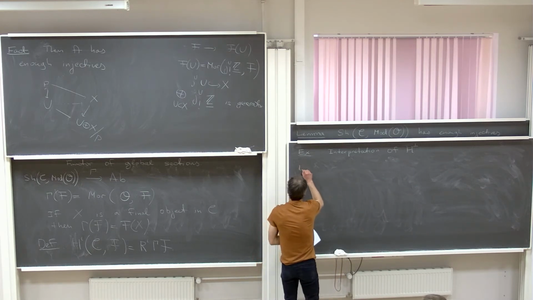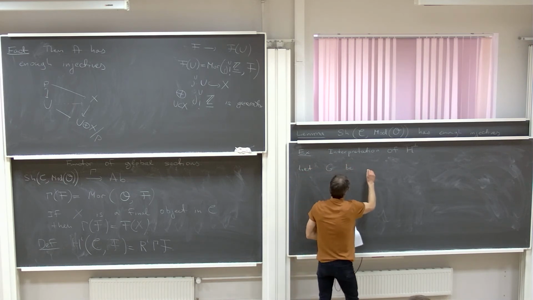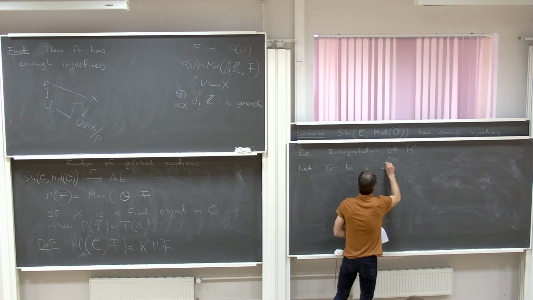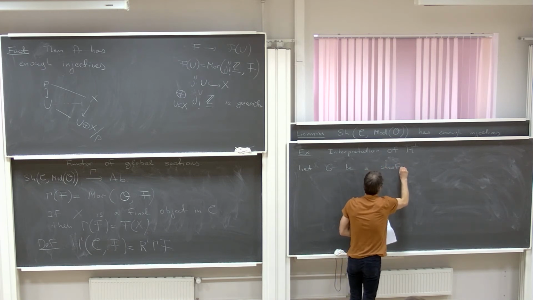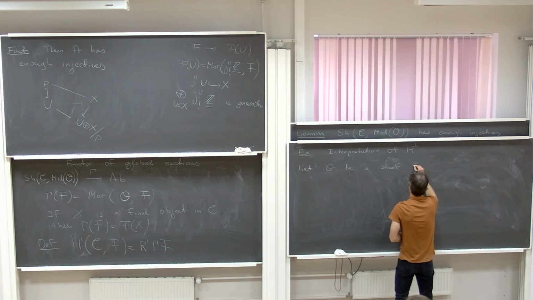So let G be a sheaf, and for the sake of simplicity assume a sheaf of abelian groups.